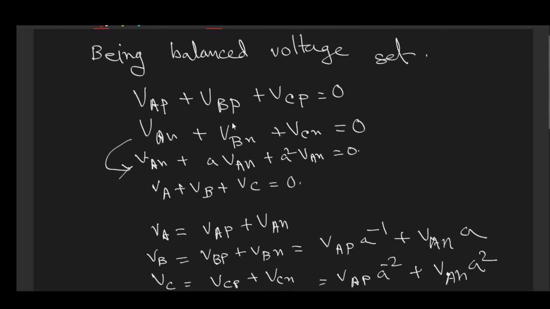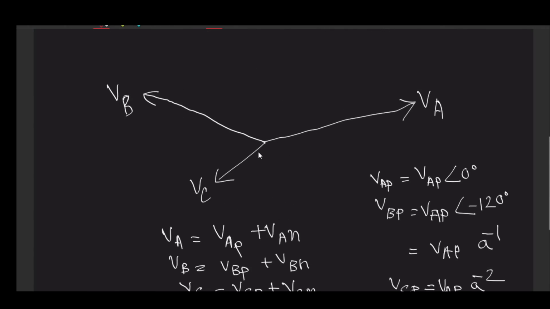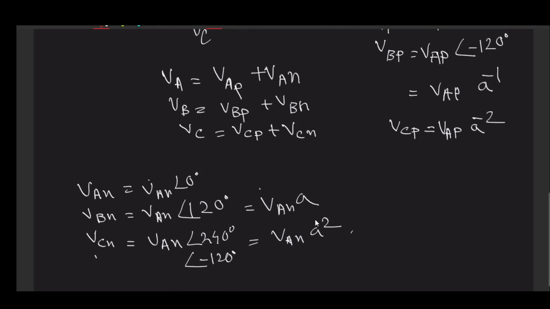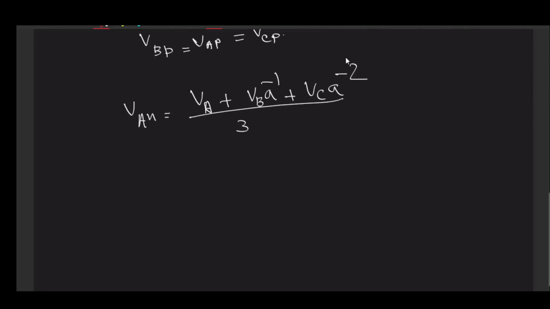Here one thing we can see from the diagram, that here it is VA plus VB plus VC. If they are not equal to 0, then the zero sequence voltage will be just the addition of them.